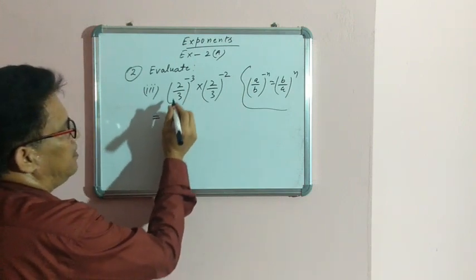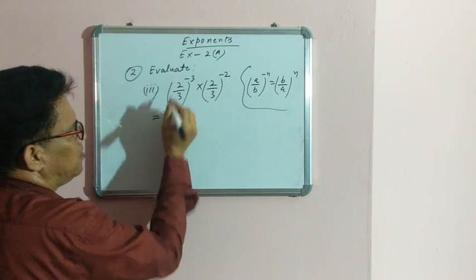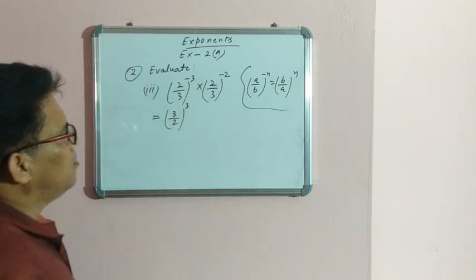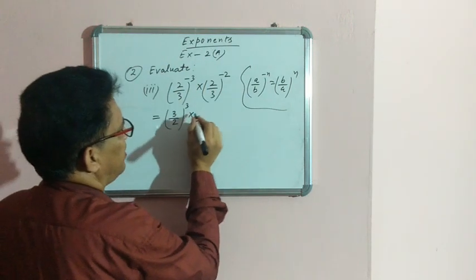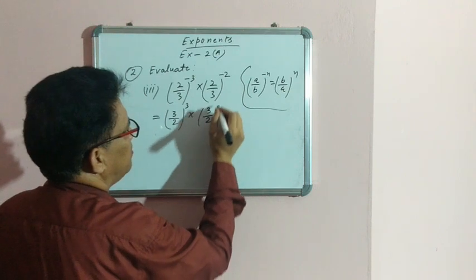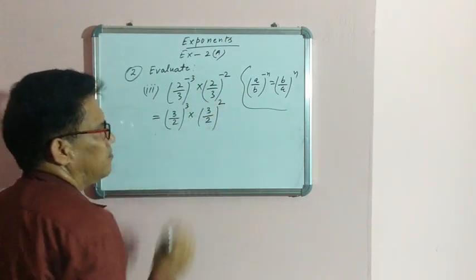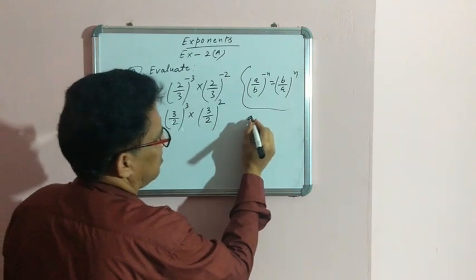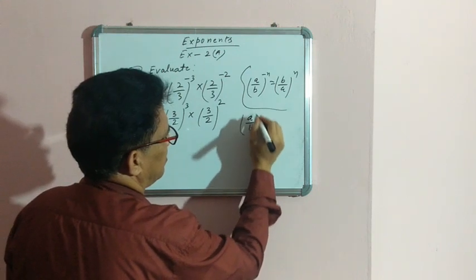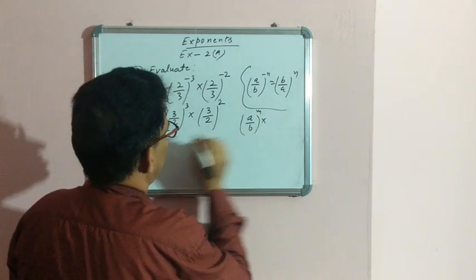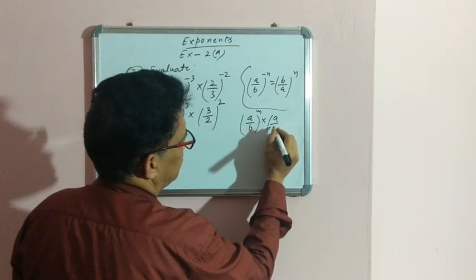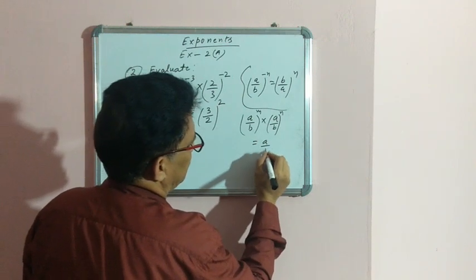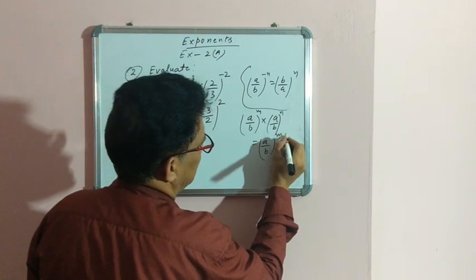We can write a by b, that is 2 by 3, as 3 by 2. 3 by 2 power, now it will become plus 3, since it was minus 3. And this again we can write 3 by 2 power, minus 2 becomes plus 2. Now you have seen the laws of exponents: (a by b) power m into (a by b) power n, the base is the same, then you get (a by b) power m plus n.